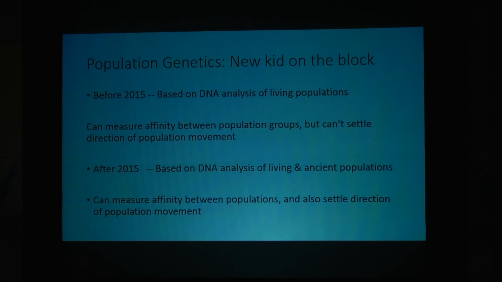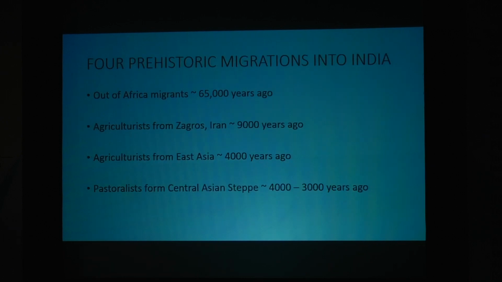There's one more thing that we need to bear in mind as we move into the 4 prehistoric migrations that are relevant to India in particular, which I will go into in detail later. Out of Africa migrations, of course.